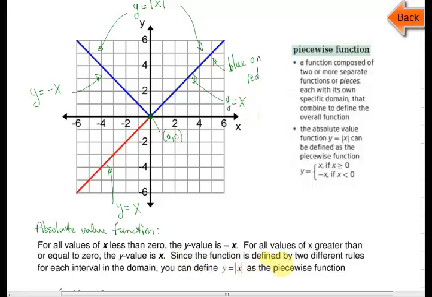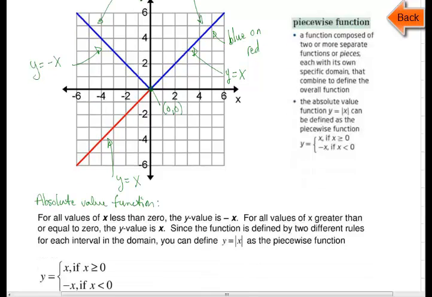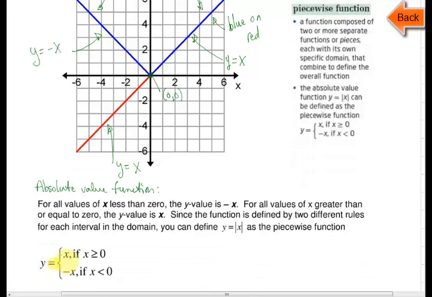Since the function is defined by two different rules for each interval in the domain, you can define y equals absolute value of x as the piecewise function. We're talking about y is equal to, and then we use this bracket, x if x is greater than or equal to 0, and y is equal to negative x if x is less than 0.